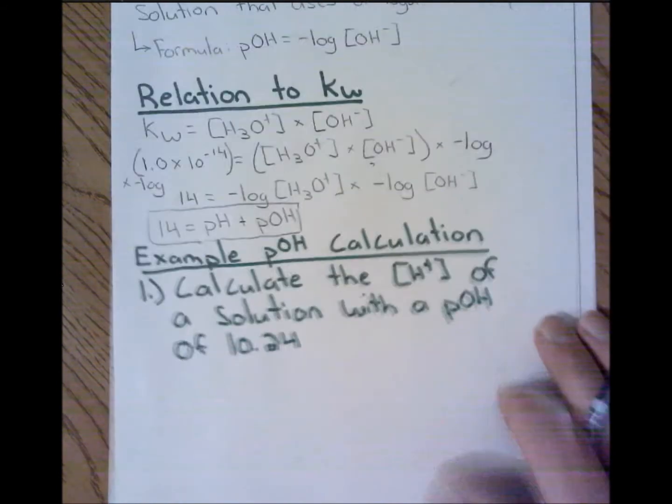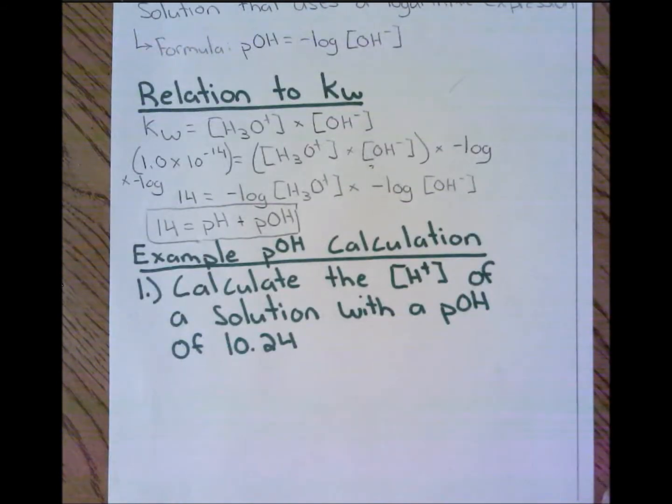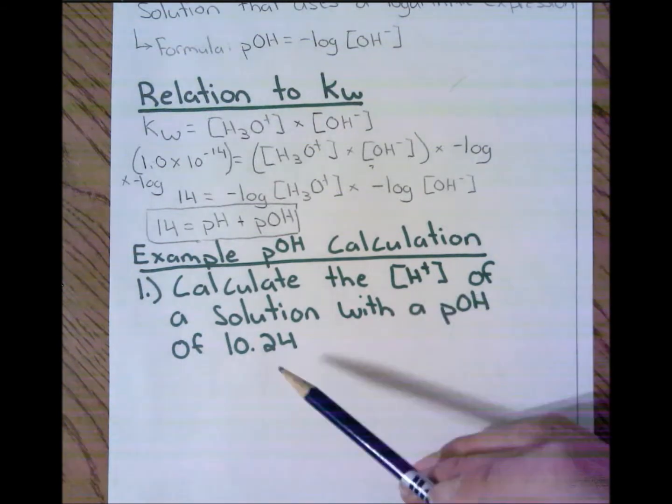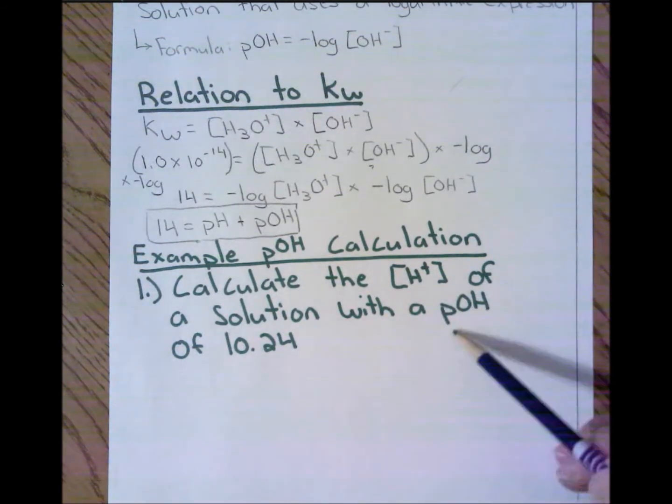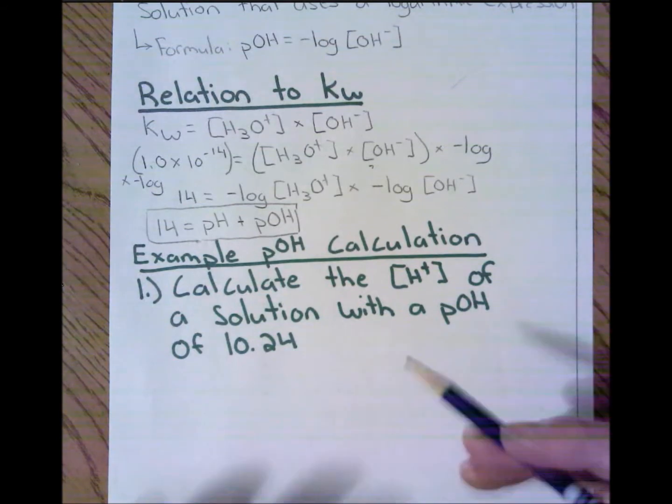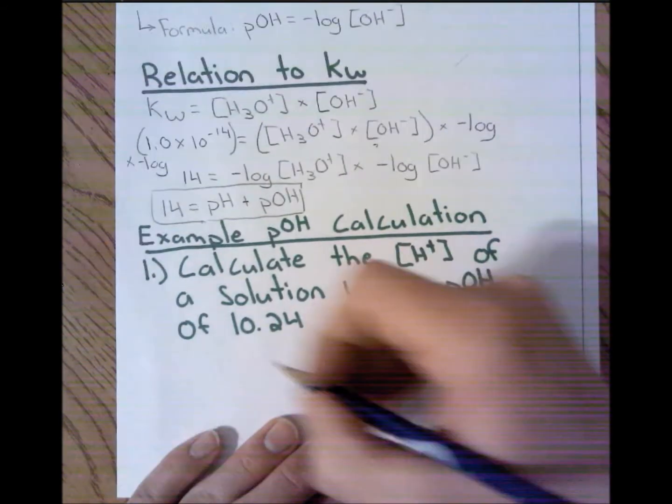So we want to calculate the concentration of H plus with a given pOH of 10.24. The first thing I'm going to do is write pH plus pOH equals 14. We don't know the pH, plus 10.24.